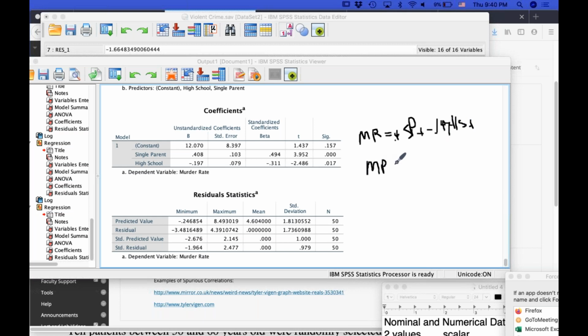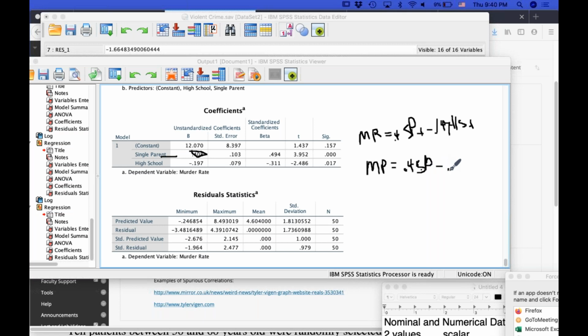I'll try it again. Murder rate is equal to 0.4, right from down here. You see where I got the 0.4, right next to single parent. Yes. 0.4 times the rate of single parent households. Single parent. Okay.